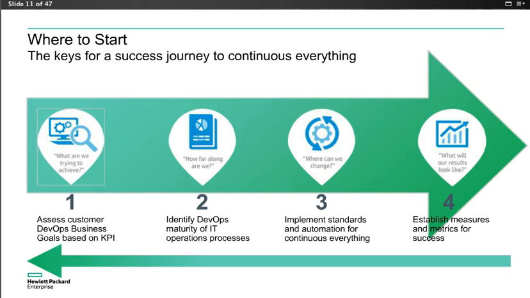Based on that, we find the discrepancies, the differences, and then we motivate the customer to implement standards for automation and continuous integration and other tools that sometimes are already implemented on the customer side, but there is no or a lack of success in terms of DevOps benefits.